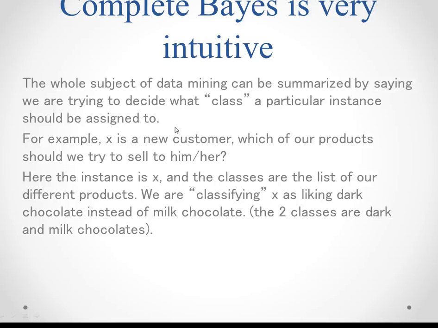In that case, each product that we have would be a class. Maybe we have TVs, computers, games, and washing machines. So here comes a new customer into our store. Which one are they going to be interested in?